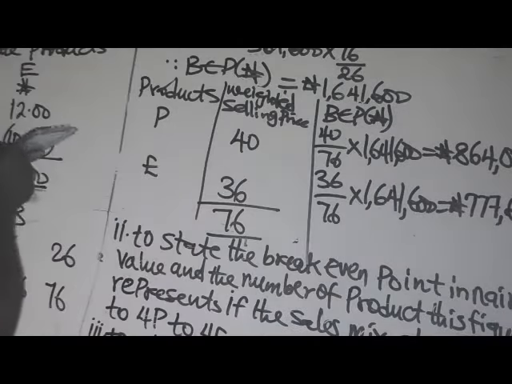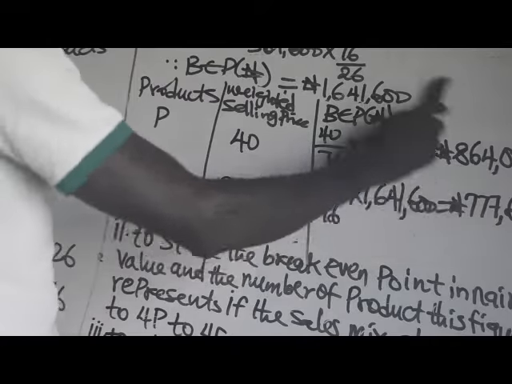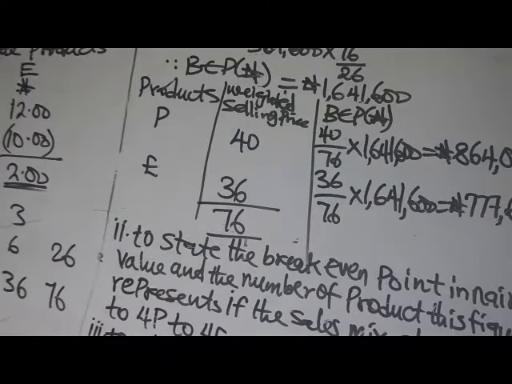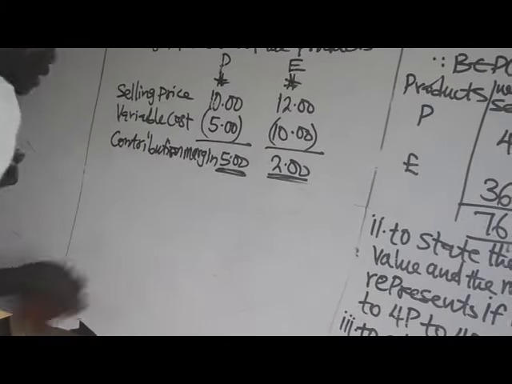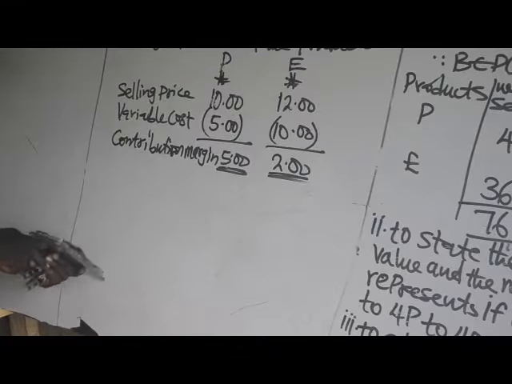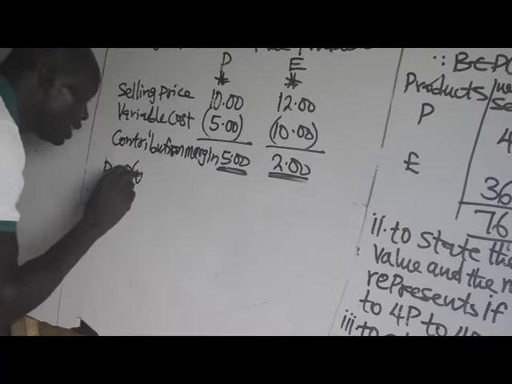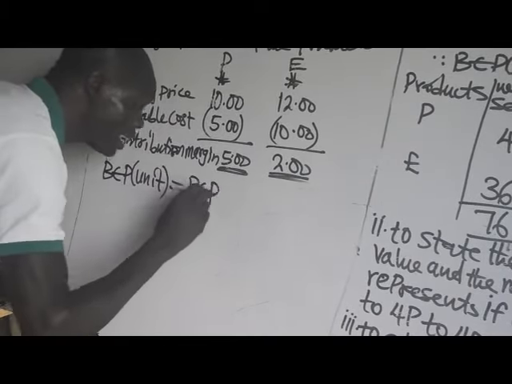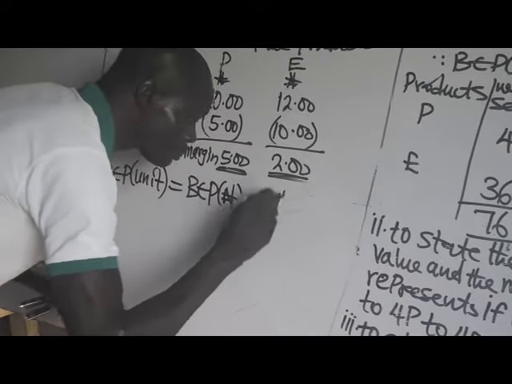Having determined the BEP in Naira for each individual product, the next thing is to compute the BEP in units. I've told you that the BEP in units is equal to the BEP in Naira divided by the selling price.